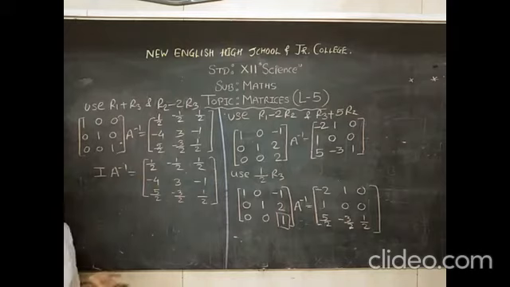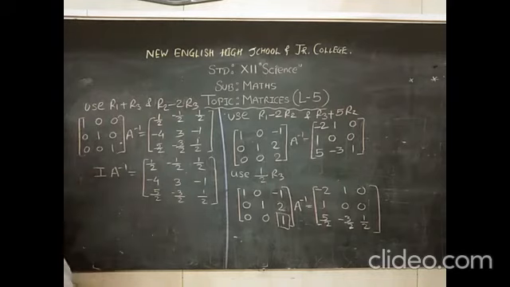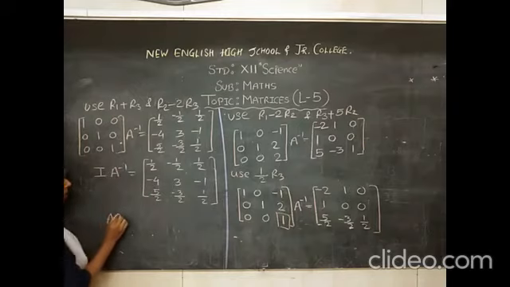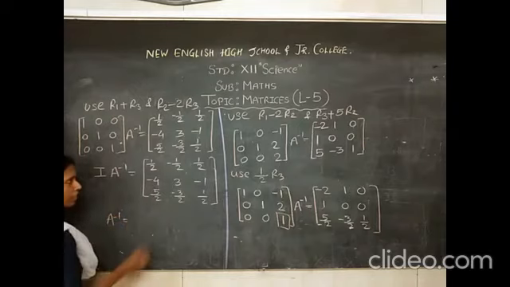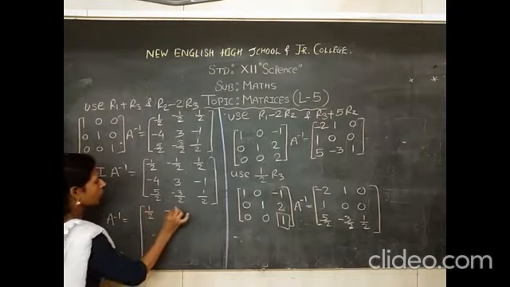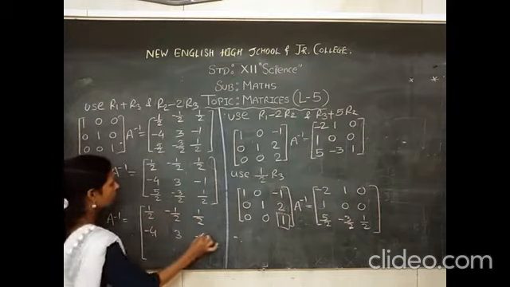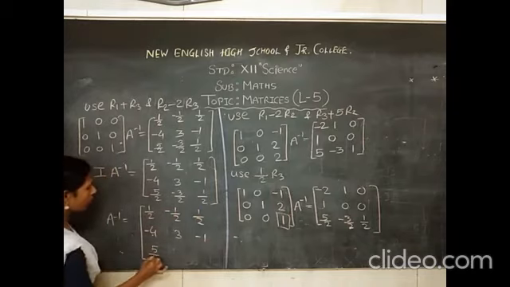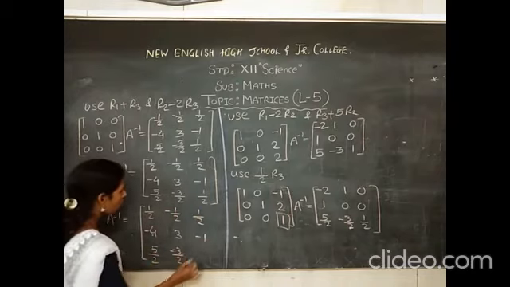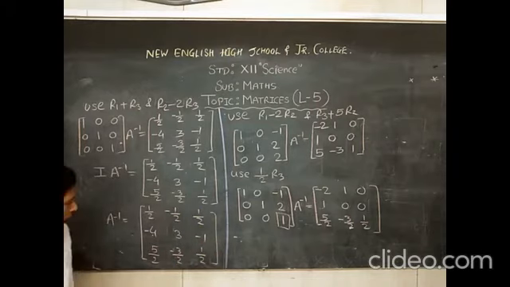We can take 1 by 2 common or minus 1 by 2 common as you wish, or you can leave it till here also. So this I into A inverse means A inverse only. If you want, you can take 1 by 2 common. I am writing it as it is. This is our inverse matrix.